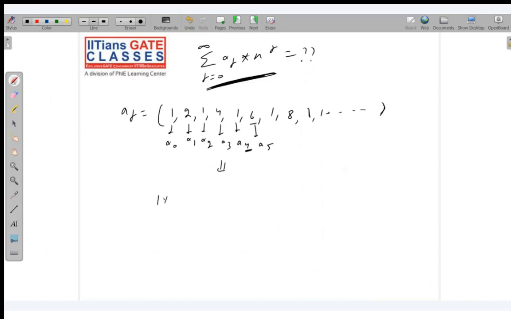So a0 is 1, so 1 into x power 0 plus 2 into x power 1 plus 1 into x square plus 4 into x cube plus 1 into x power 4 plus 6 into x power 5 plus 1 into x power 6 and then 8 into x power 7, and so on. Like this we have to expand.